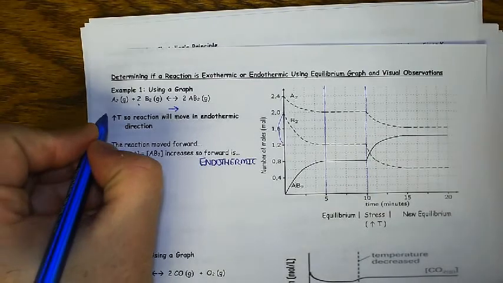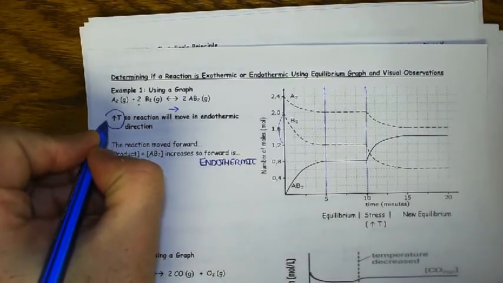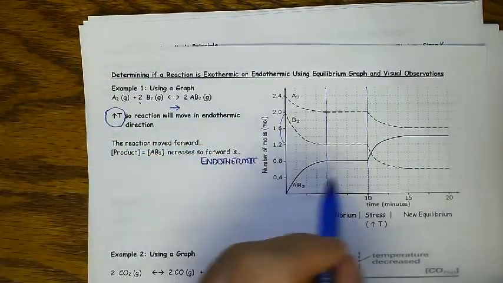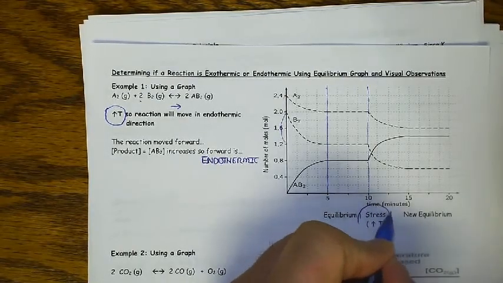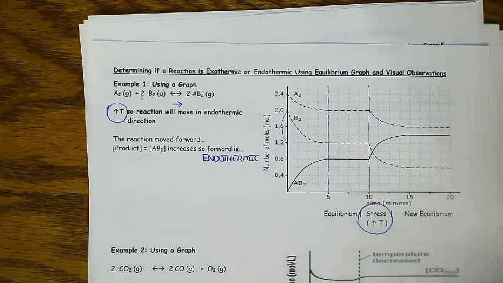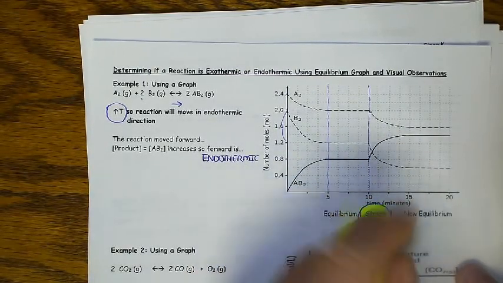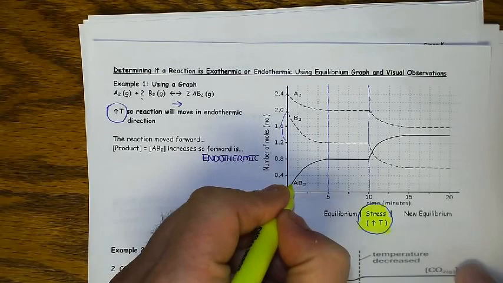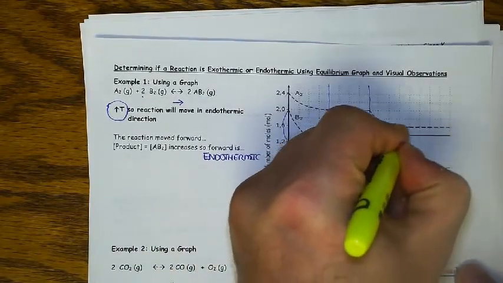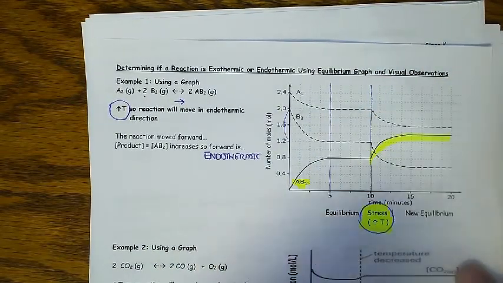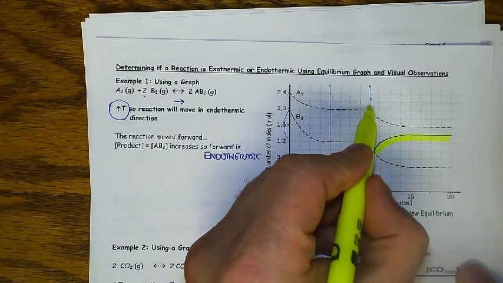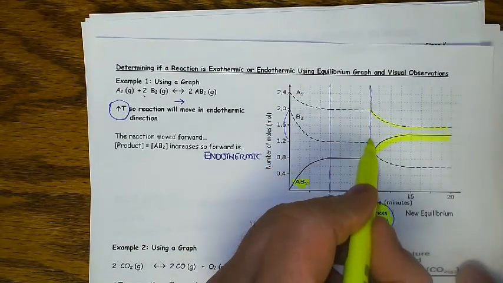And let's say we increase temperature at this point right here. We know that the increased temperature caused the reaction to go forward, because our product AB2 went up and our reactants went down.